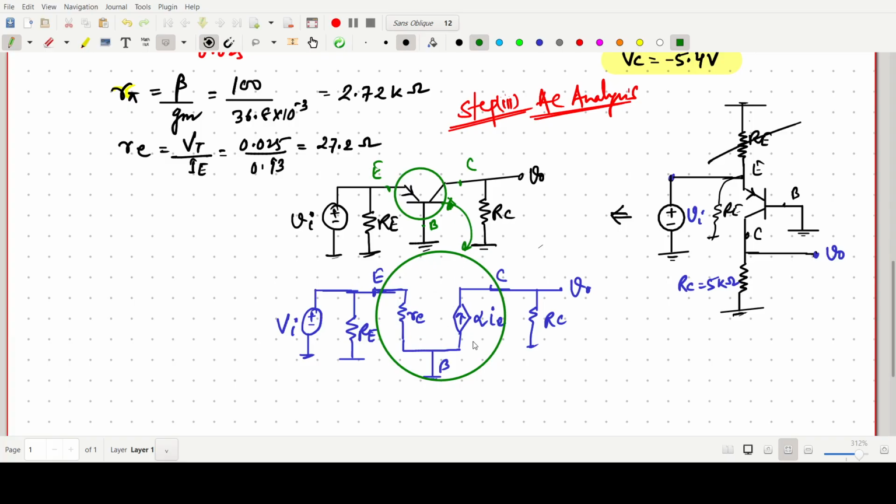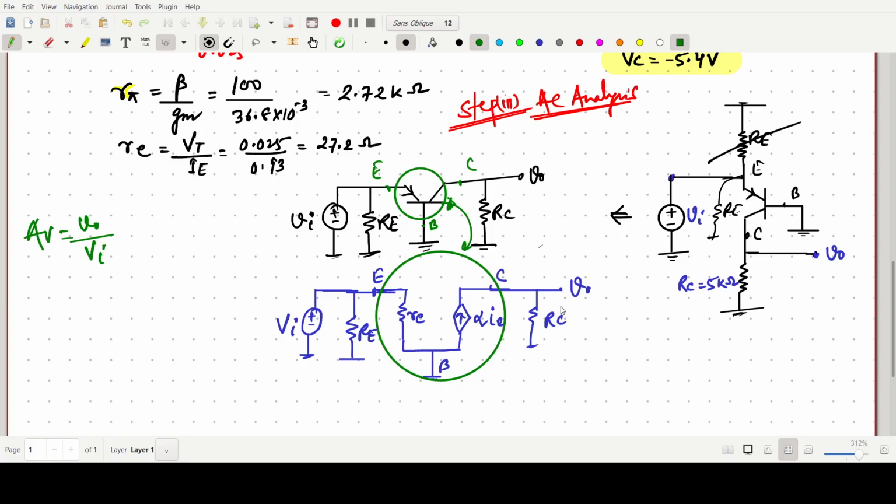Then we are just putting all the other things. Very simple. Now we have to find V naught by Vi, because our aim is to find V naught by Vi. In our question, it is written: find the voltage gain V naught by Vi.